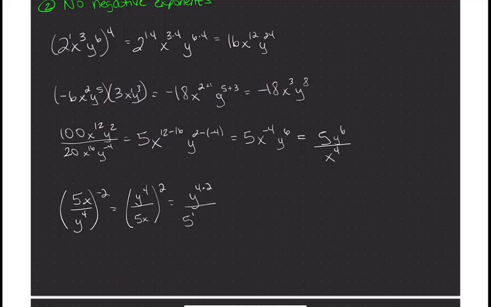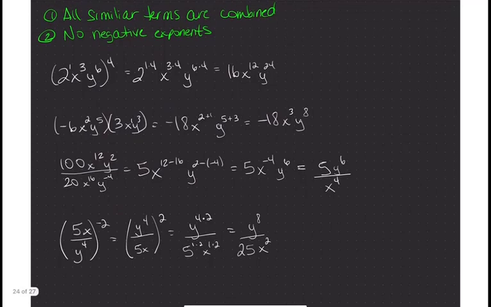If I need to, I can write it to the first, right? And then I'm going to multiply that by 2. And then x, I can put that to the first power if I need to, and I gotta times that by 2. I gotta share with everybody. So then now what do I have? I have y to the 8th over 5 squared. What's 5 squared? 25. And then x squared. Yep. So my x's and y's are all combined as much as possible. My whole numbers are simplified as much as possible, right? And no negative exponents, so I am good to go. Very nice. All right.